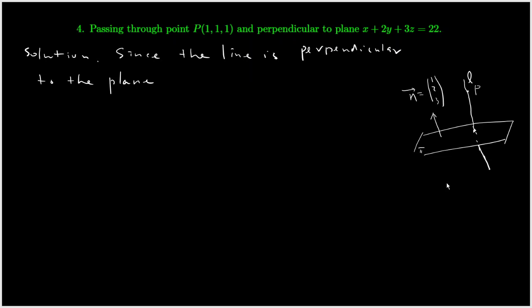Since the line is perpendicular to the plane, I do not have to write the equation. We have only one line and one plane. If I mention the plane, it means that plane. So the vector n with three components, let's say 1, 2, and 3, is normal, is a direction vector of the line.